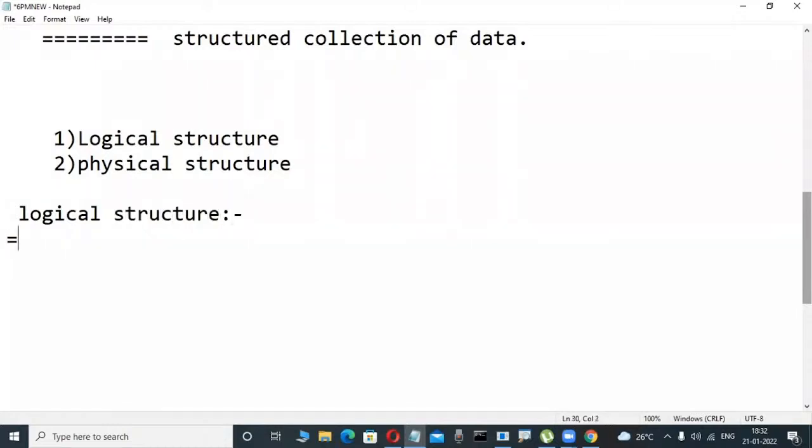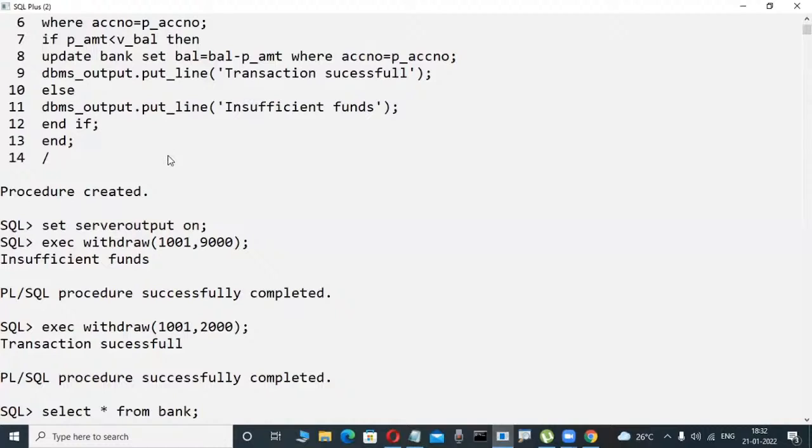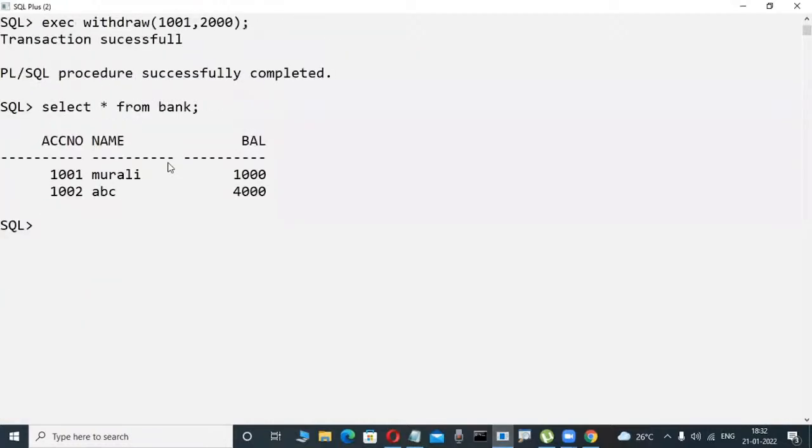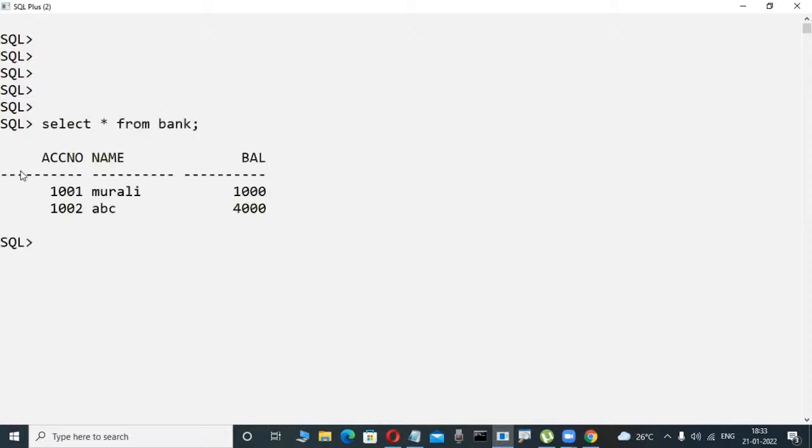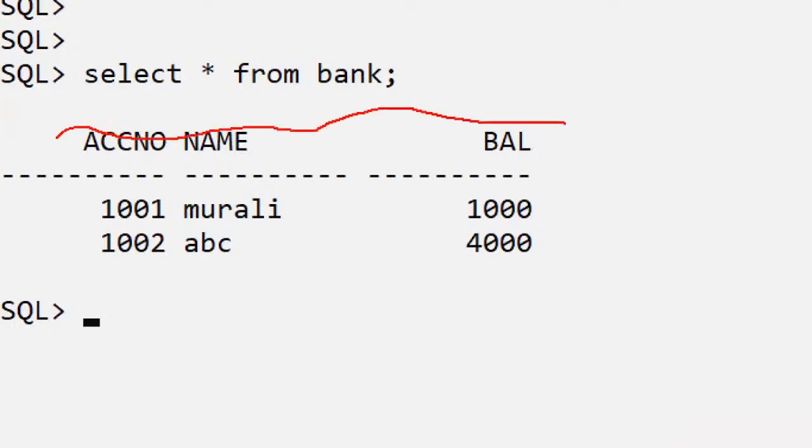Suppose today I am installing Oracle, for example. In this Oracle software, I try to create a table. Maybe bank is a table, as in the previous case. Already I am creating it with some syntax.